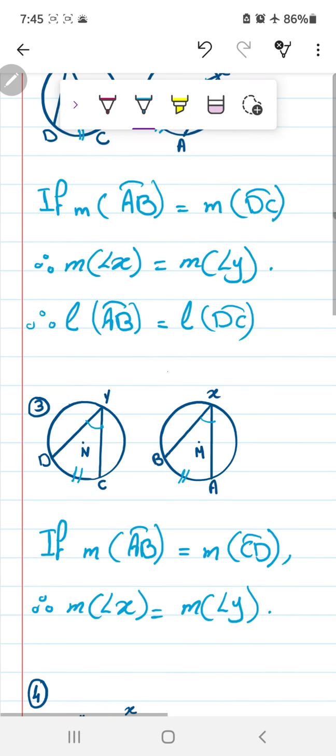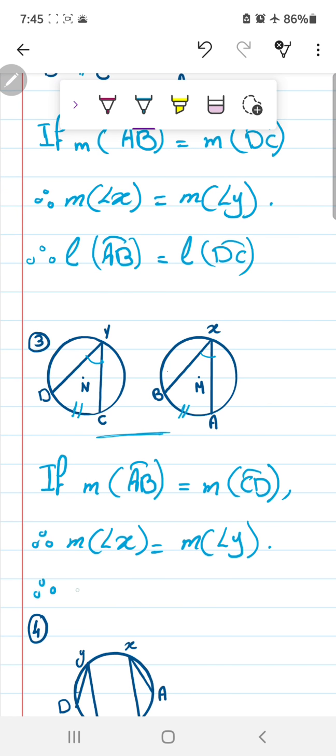But in number 3, these two circles are not congruent, so the two lengths are not equal.